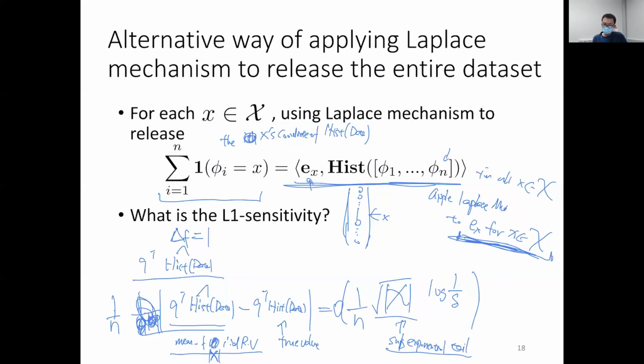Okay, so this could be useful. Notice that this is now 1/n rather than 1/square root of n, and epsilon is also just here. This is 1/n rather than 1/square root of n. So this will be very useful when the data space is relatively small.